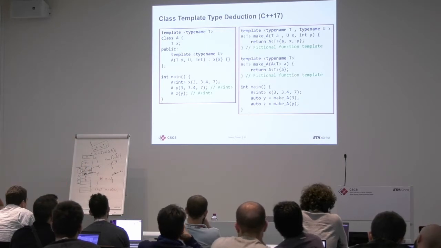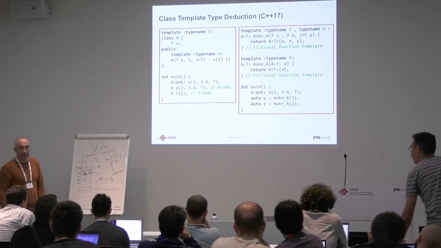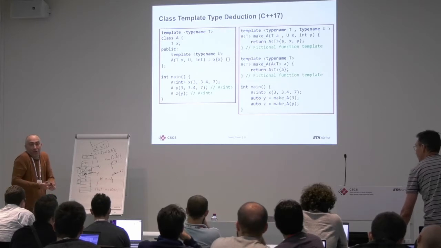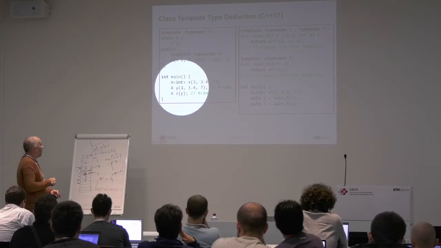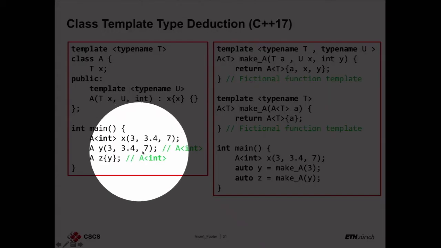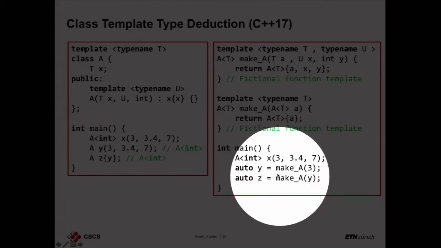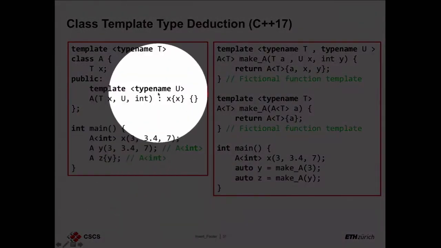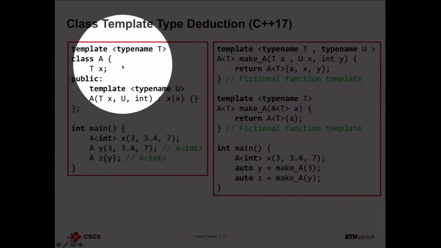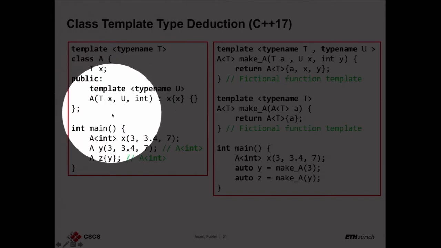Yeah. Actually, what the compiler does basically is creating this generator for you. So when you have A y, 3, 3, 4, 7, the numbers, you will create a maker for that thing, right? So this is actually how it is specified, right? So you have a class template, T, and then the T is the argument here.